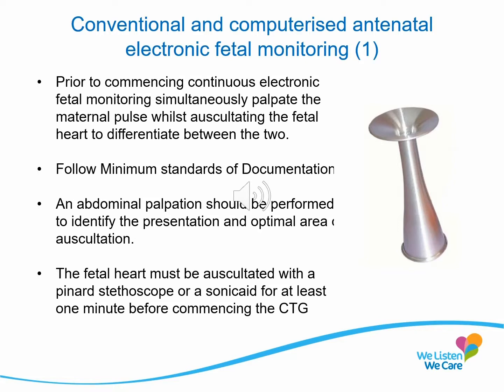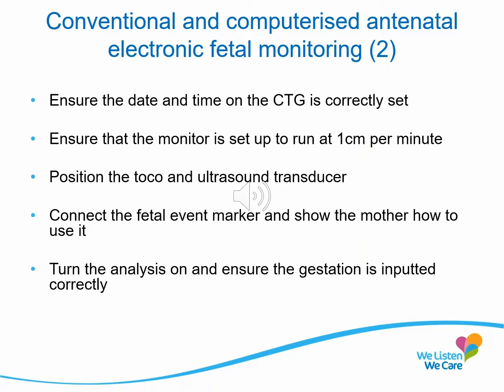An abdominal palpation should be performed to identify the presentation and an optimal area of auscultation. Fetal heart rate must be auscultated with a Pinard stethoscope or a sonicaid for at least 1 minute before commencing the CTG. We must ensure that the date and the time on the CTG is correctly set. The monitor is set up to run at 1 centimeter per minute.